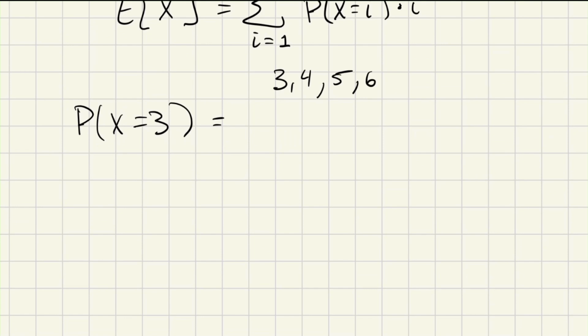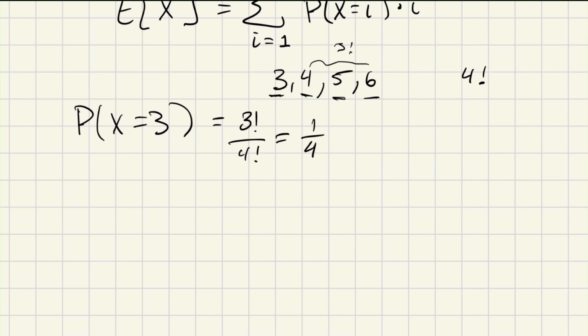Well, there are 4 factorial ways to arrange this sequence. And if we stick 3 at the beginning, then there are 3 factorial ways to arrange 4, 5, and 6. So just from a combinatorics argument, the probability of x being 3 is 3 factorial over 4 factorial, which is simply 1 over 4. But a slightly more clever way to think about this is as slots. 3 is in slot 1, 4 is in slot 2, 5 is in slot 3, and 6 is in slot 4.